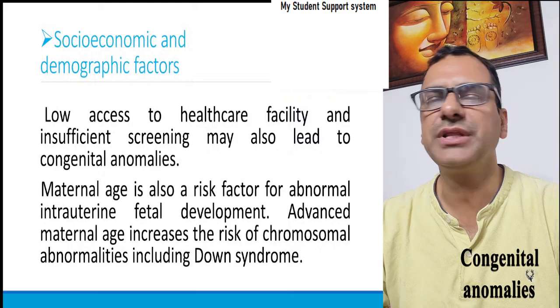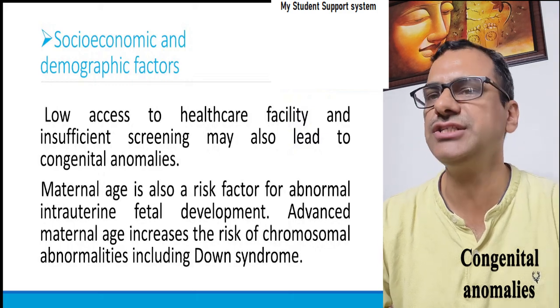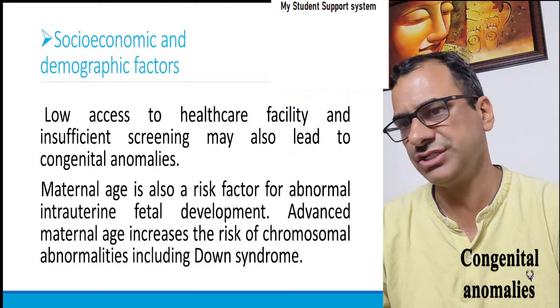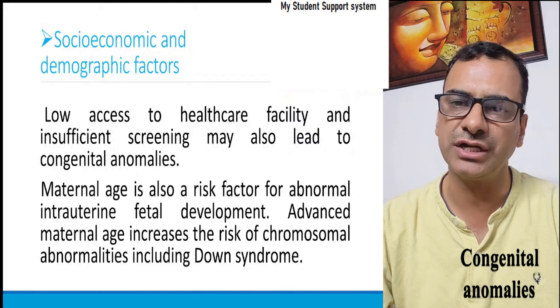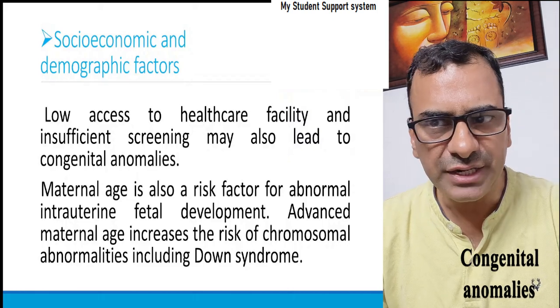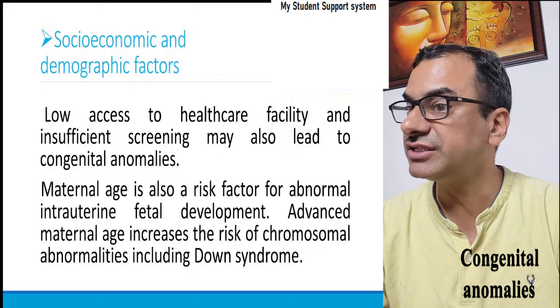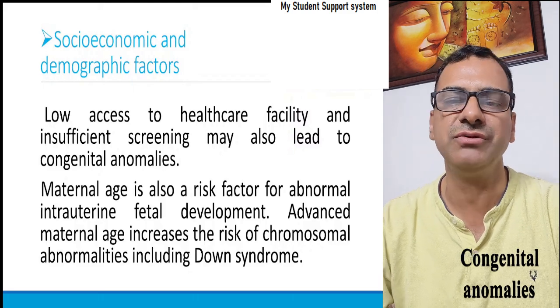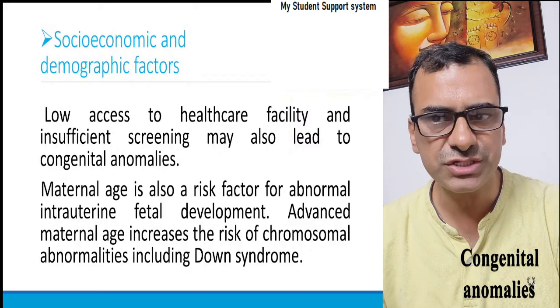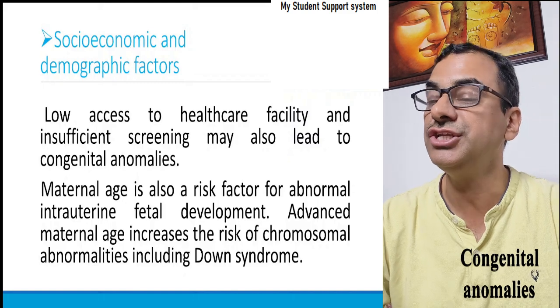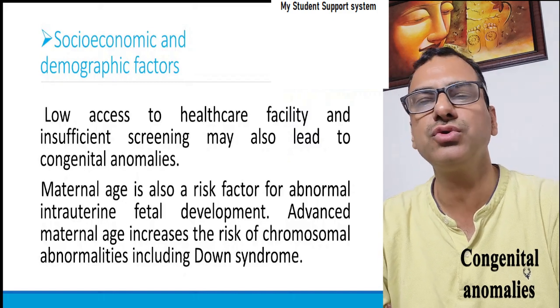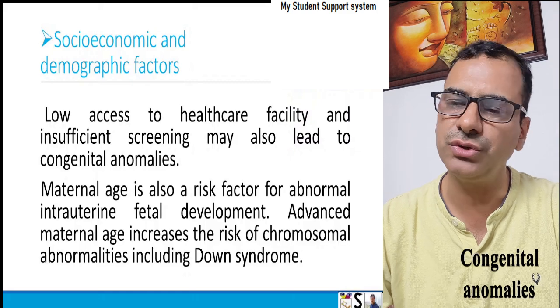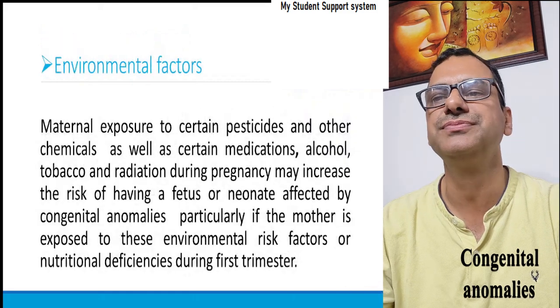Low access to healthcare facilities and insufficient screening facilities may also lead to congenital malformations. Maternal age is also a risk factor for abnormal intrauterine fetal development. Advanced maternal age increases the risk for chromosomal abnormalities, including Down syndrome.